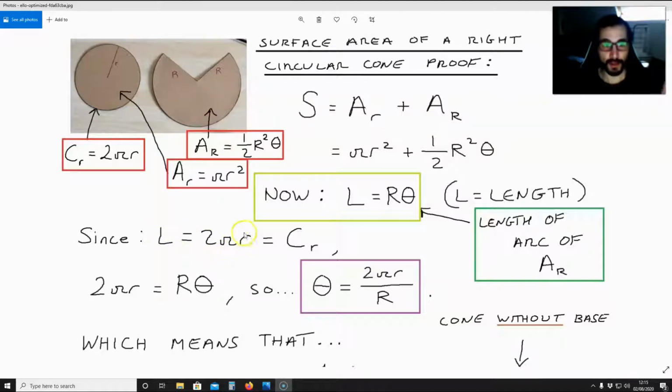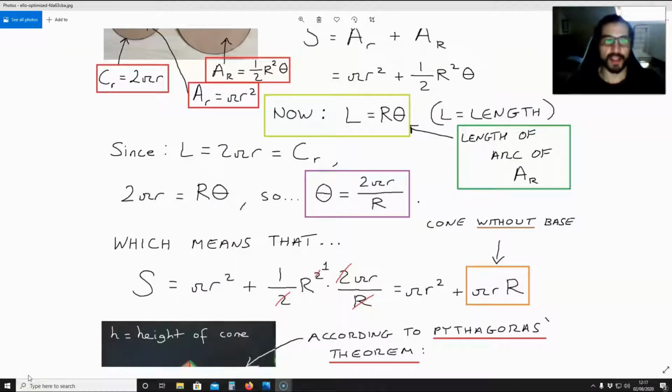These two figures over here are going to be connected. Now, because this is the case, we can say that 2 pi r is equal to big R times theta. And with this equation over here, we get theta is equal to 2 pi r over big R.